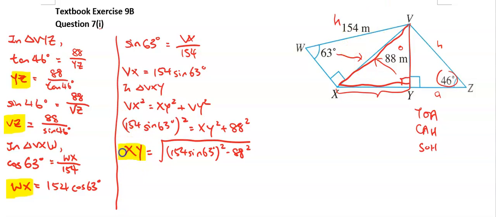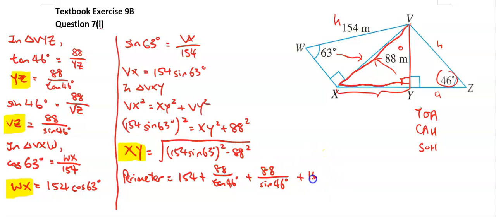So this is what we need in the perimeter, all these highlighted sides, 1, 2, 3, 4 plus 154. For the perimeter, we add all these. 154 is the side that is given, plus YZ, which is 88 over tangent 46 degrees, plus VZ, which is 88 over sine 46 degrees, plus WX, which is 154 times cosine 63.